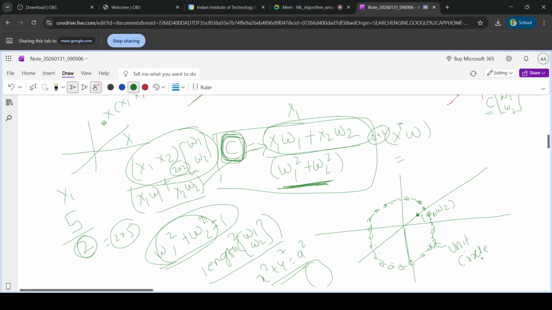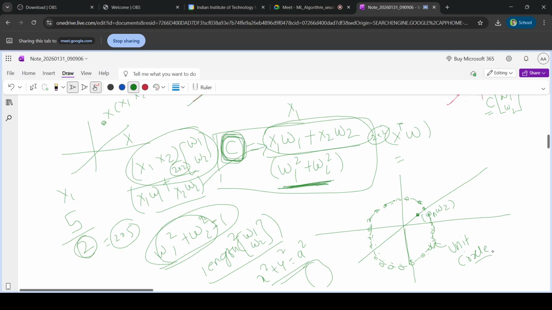From an exam point of view, you just need to remember the equation or the formula. But you should know what w1 w2 is. If in future somebody asks you to explain the basics of algorithms, you should know what w1 w2 square is and why you are taking it.